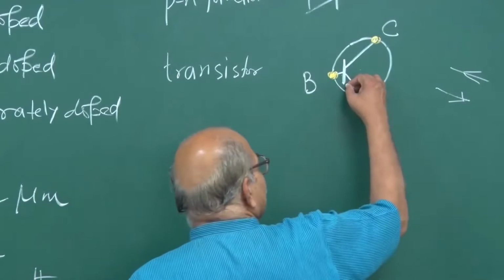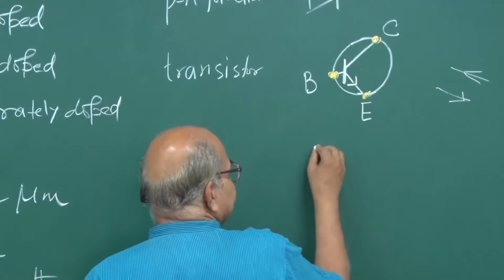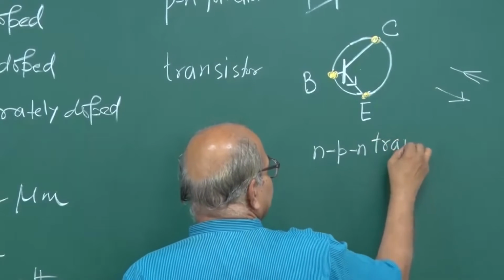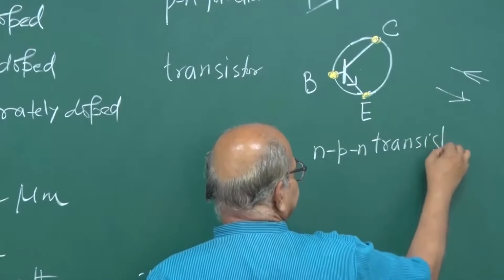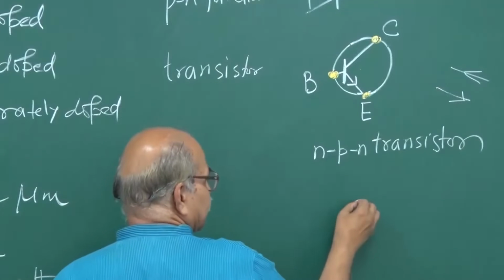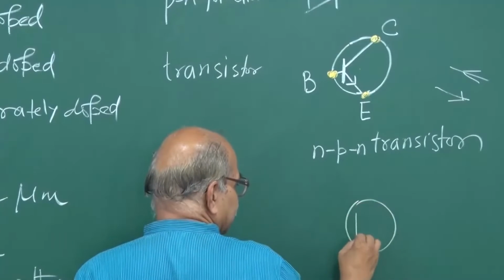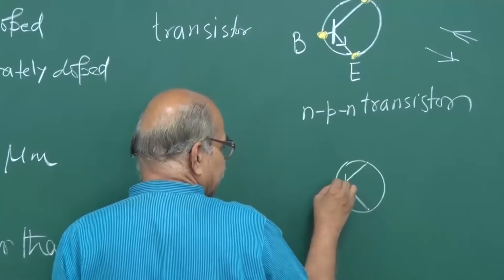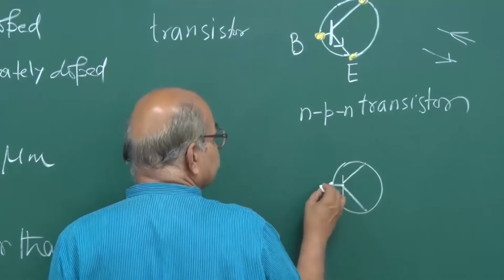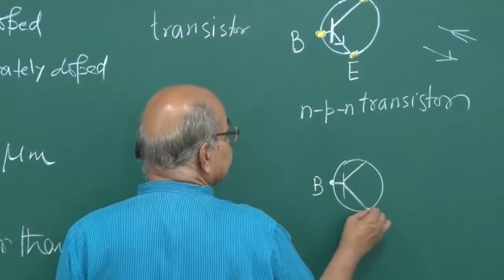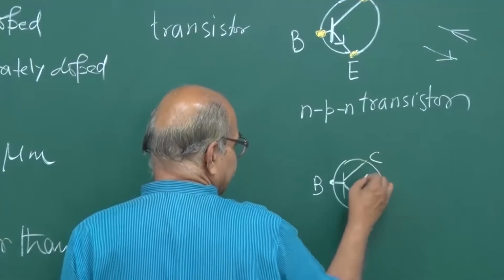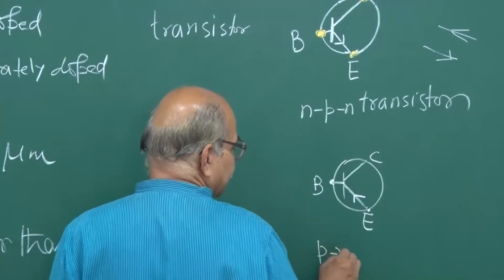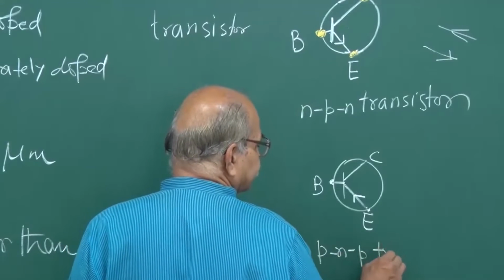If I put an arrow here, this is the symbol for an NPN transistor. If I put the arrow in the other direction, with two lines coming like this and the third line being the base, then this is the emitter, this is the collector, and this is a PNP transistor.